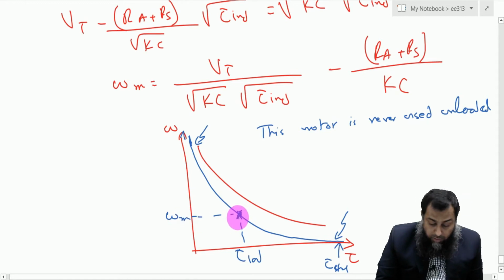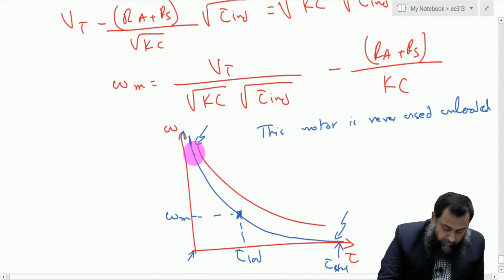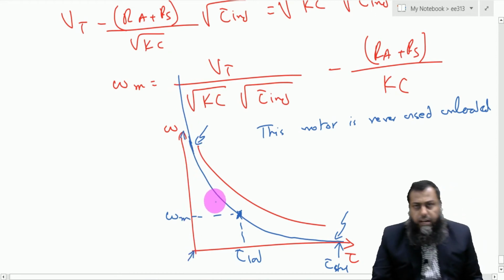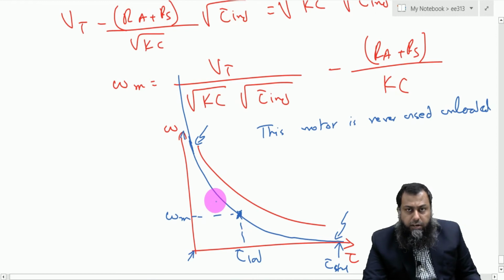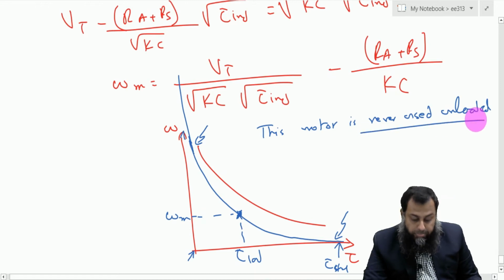Otherwise, if the motor is unloaded, we do not have any load, so this torque induced is equal to 0 and the speed will go dangerously high. Of course, there are mechanical limitations that do not permit the motor to reach infinite speed, but there is definitely a high chance of the motor getting damaged because of this unloaded condition.